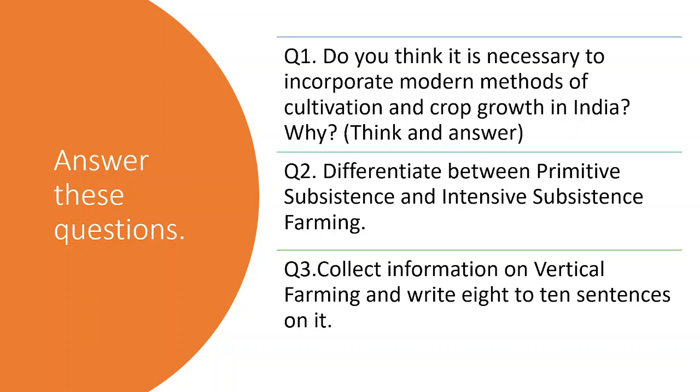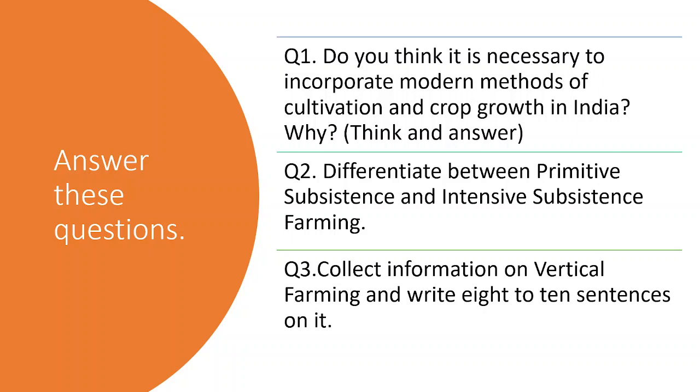You will have to give a few examples also, because intensive subsistence farming has to be clearly told in which part of the country also. We just cannot mention the name of the crop, because some type of farming which is a primitive farming in one part of the country could be intensive subsistence farming in the other part of the country. So details need to be mentioned here.